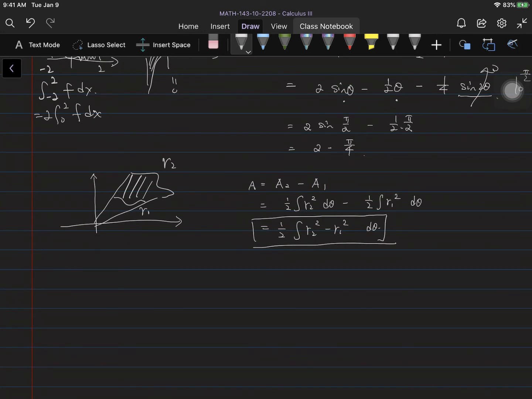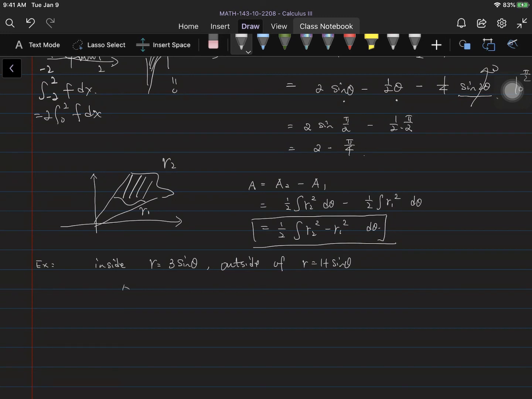middle part. Okay. And now I'm going to give you a kind of exercise, but I just want to show you how to find the intercept of those two curves. So this question wants us to find the region inside this circle and outside of 1 plus sine theta.